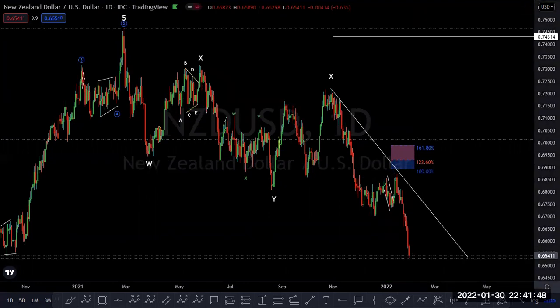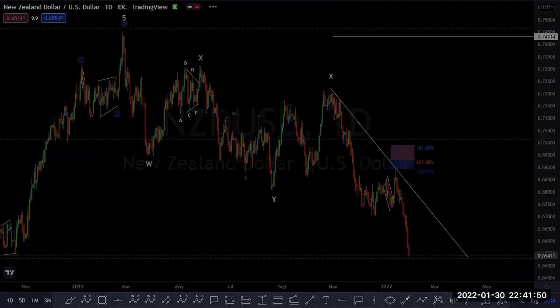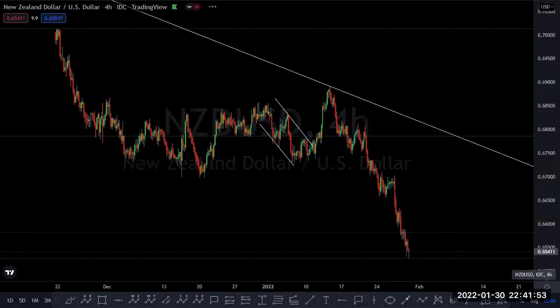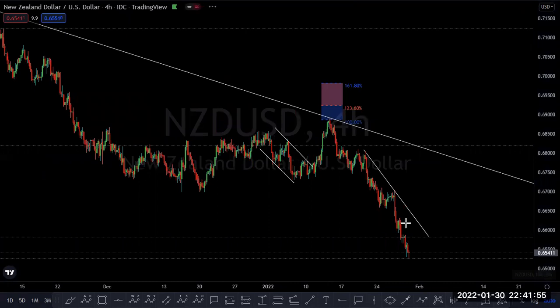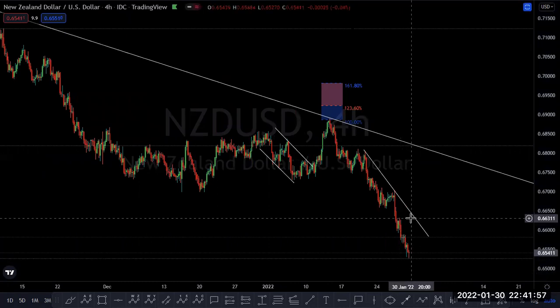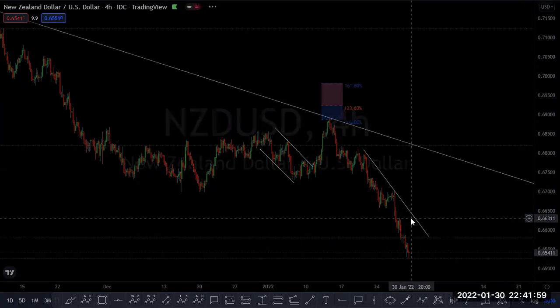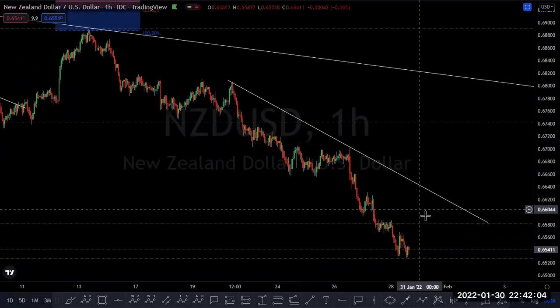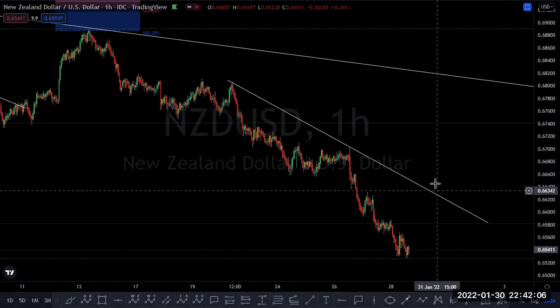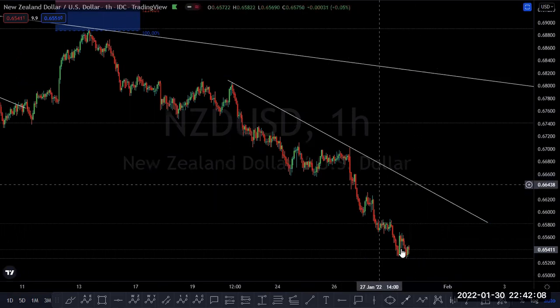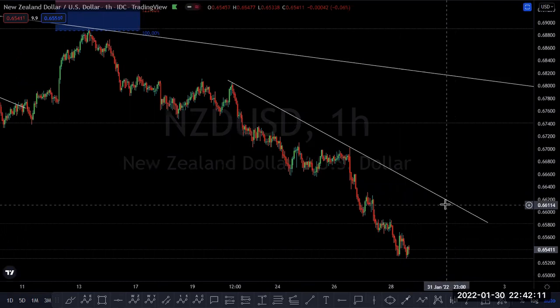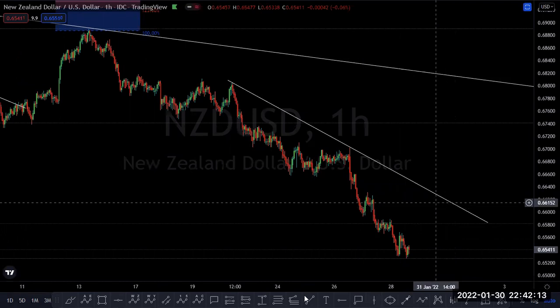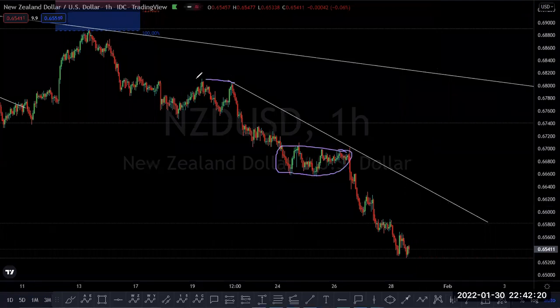Okay, so let me go to 4 hours. So if I get a corrective move, or let me go down to 1 hour. You know, the market respects a channel sometimes. Okay, if I get a bounce off, maybe from here, I will sell. And if I get this type of pattern, this is a flat pattern. This is also a flat pattern.